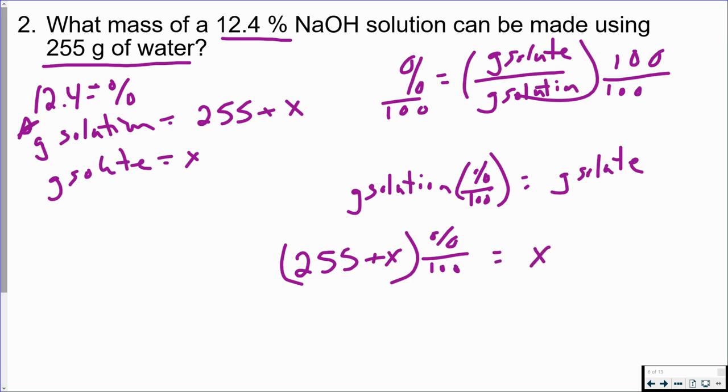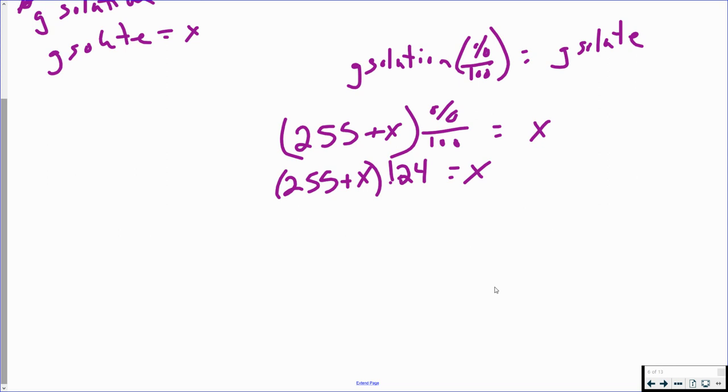So when you plug in the rest of your numbers, you're going to get 255 plus x times 0.124 equals x. So distribute the 0.124, giving you 31.62 plus 0.124x equals x.